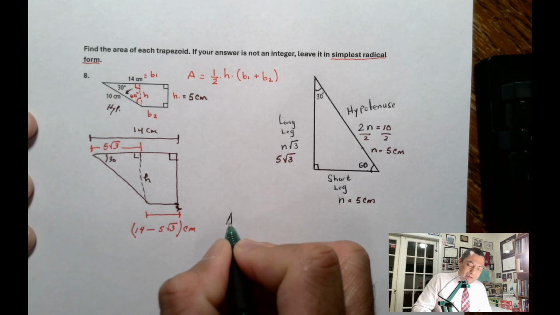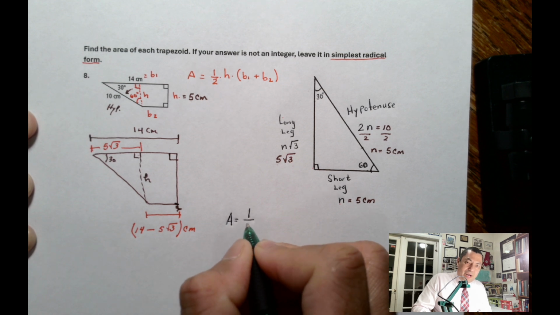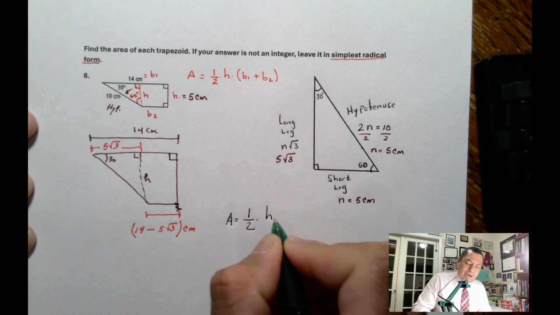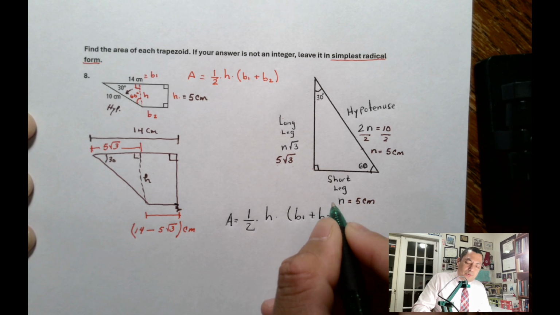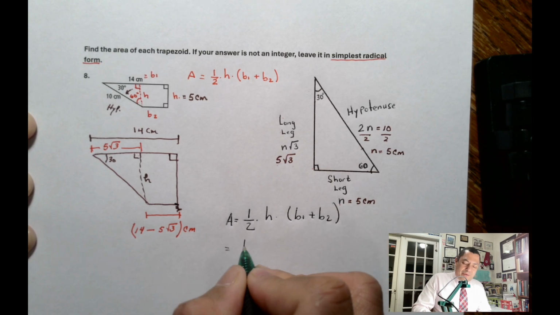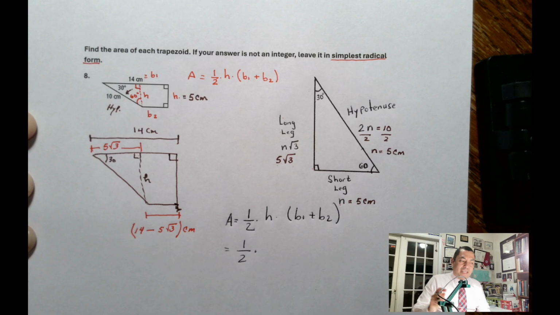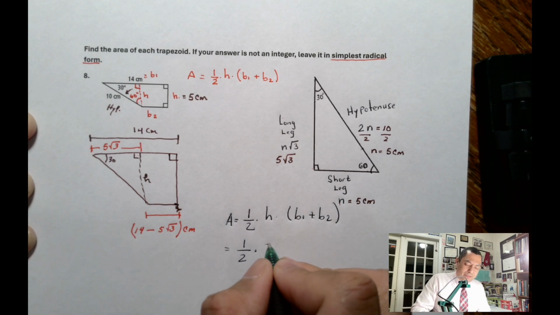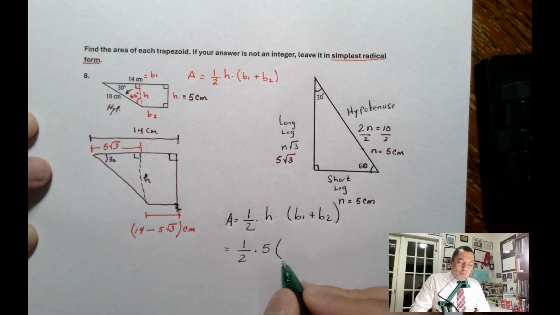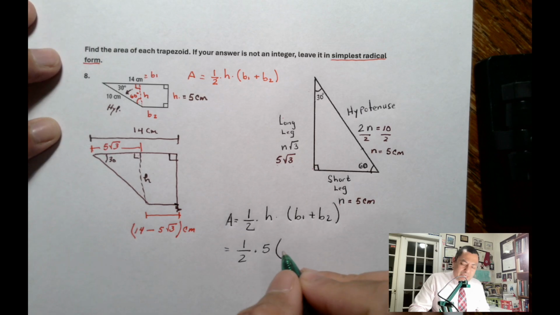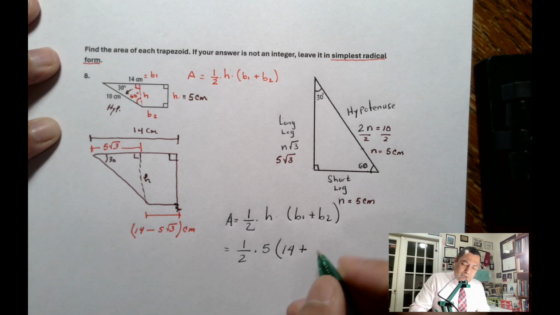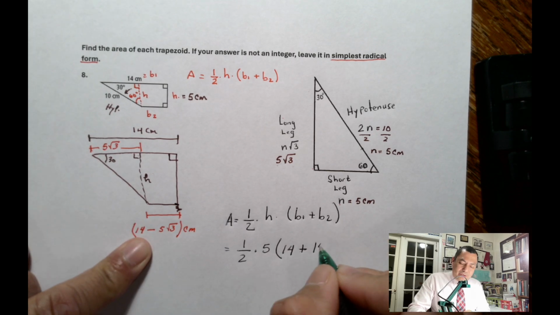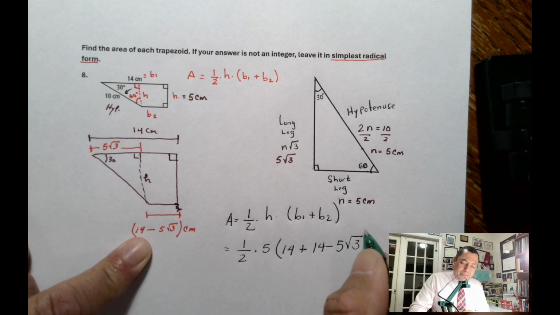So the area is equal to 1/2 times height times base 1 plus base 2. So what is the area? 1/2 times h. Remember that h, the height, is 5. And base 1 is 14, plus 14 minus 5 square root of 3.